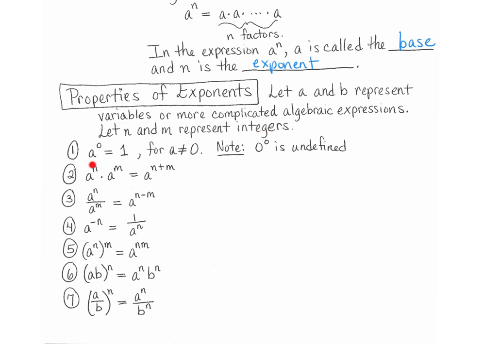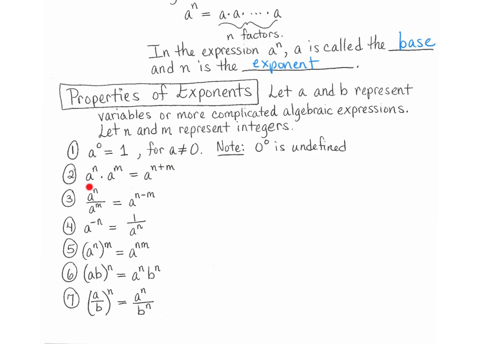Property 1: A raised to the 0 is equal to 1, provided that A is not equal to 0. So 0 to the 0 is undefined, for reasons similar to why we cannot divide by 0.